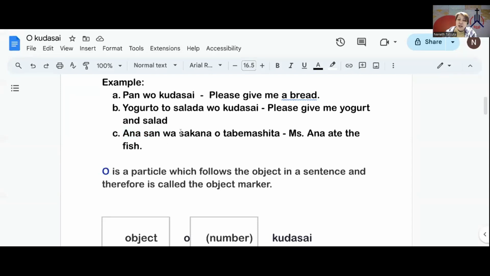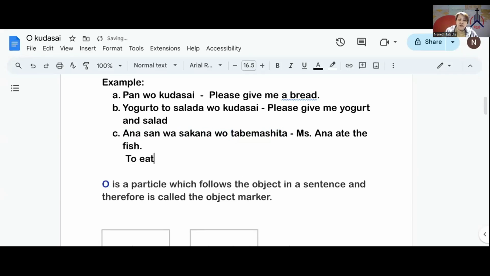And then we have here sakana. What is sakana? Fish. Sakana, fish. Very good. So, Anna-san wa sakana o tabemashita. So we have the particle wo or o. And then tabemashita here is to eat, your verb.